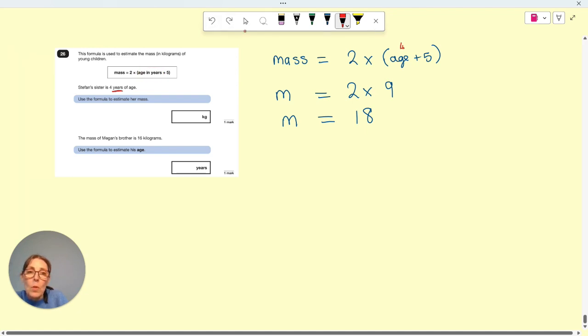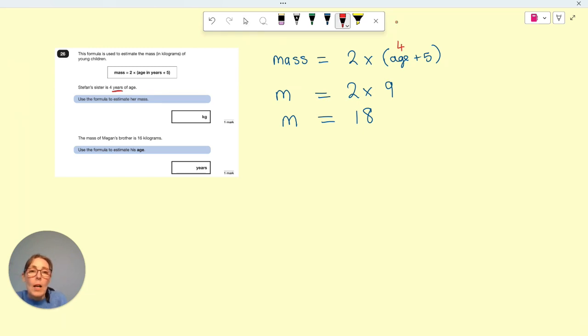So I put the 4 there, and then I did 2 times 4 plus 5. And 4 plus 5 is 9, and 2 times 9 is 18.